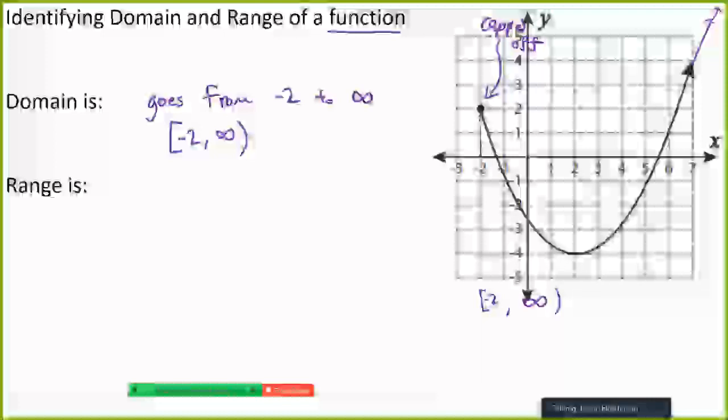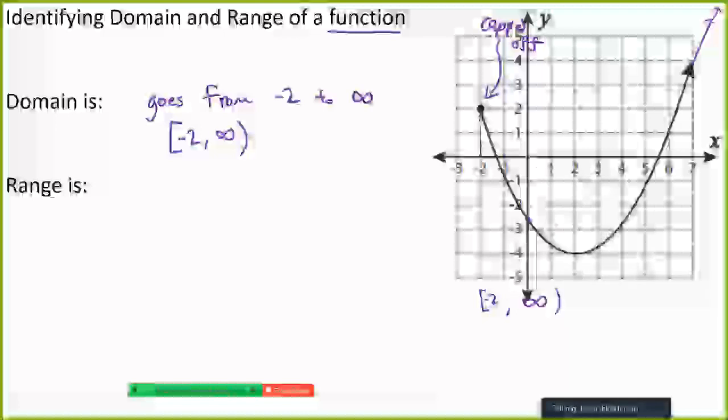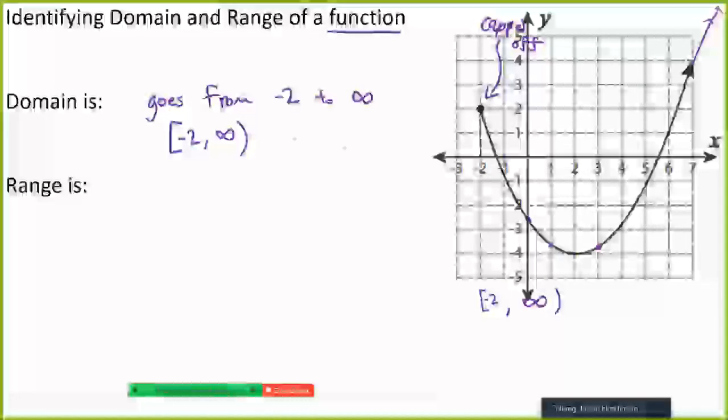And -1, it's right there, and it's at x is 0, and it's at x is 1, and x is 2, x is 3. The point is, it's every x number equal to -2 and bigger. So we could say the domain is x greater than or equal to -2. So we're listing it off as an inequality. X is greater than or equal to -2.